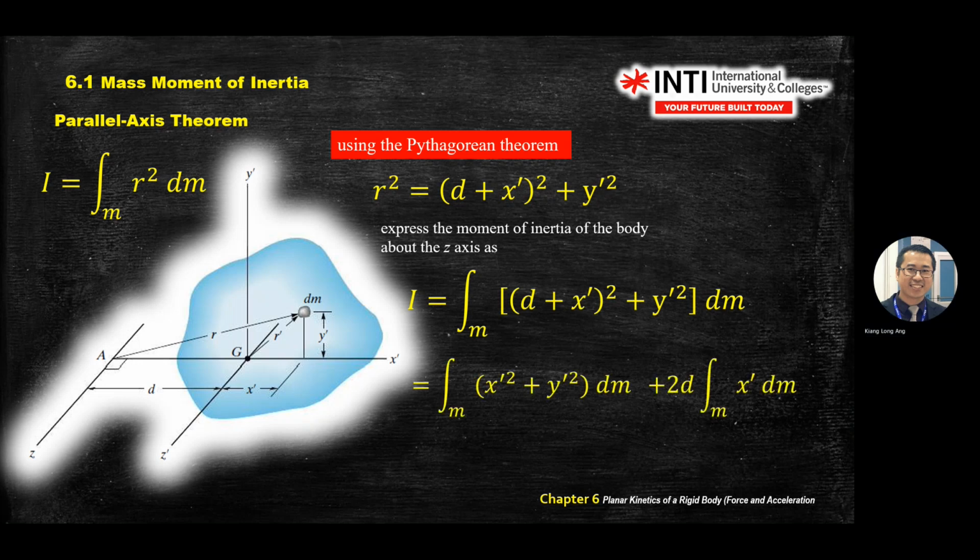So you have two parts. This one you square. What is the product of this square? D square plus what?